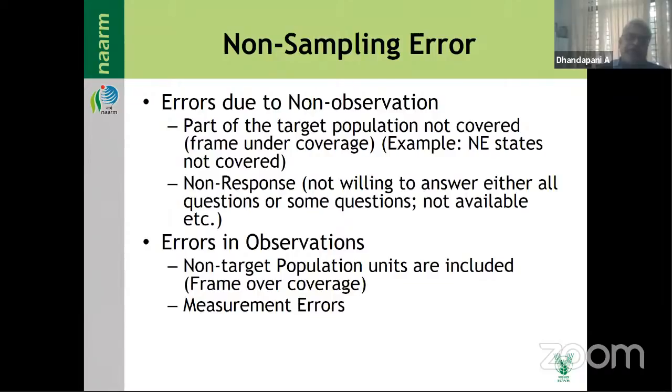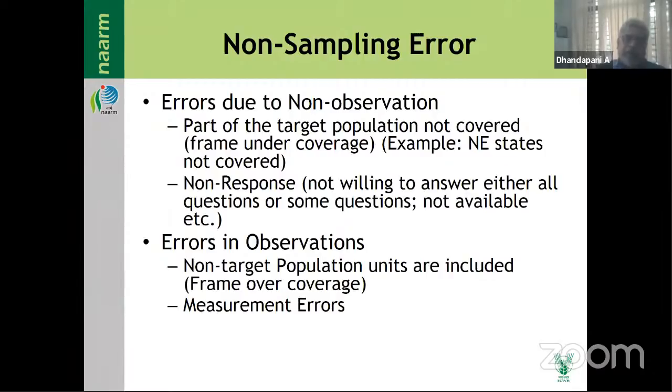Item non-response means that for a particular variable, you do not have data. For example, you ask what is your age, and sometimes they do not tell you, or it is not entered, or they do not answer. That is called item non-response. For all other items, you have values.